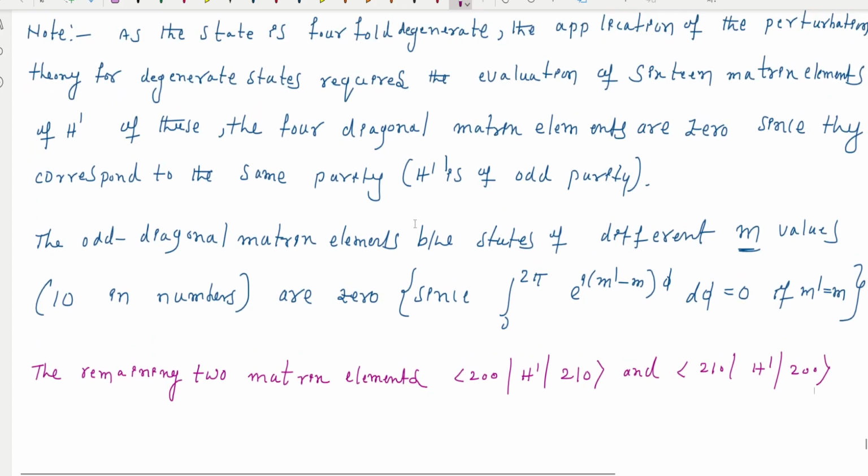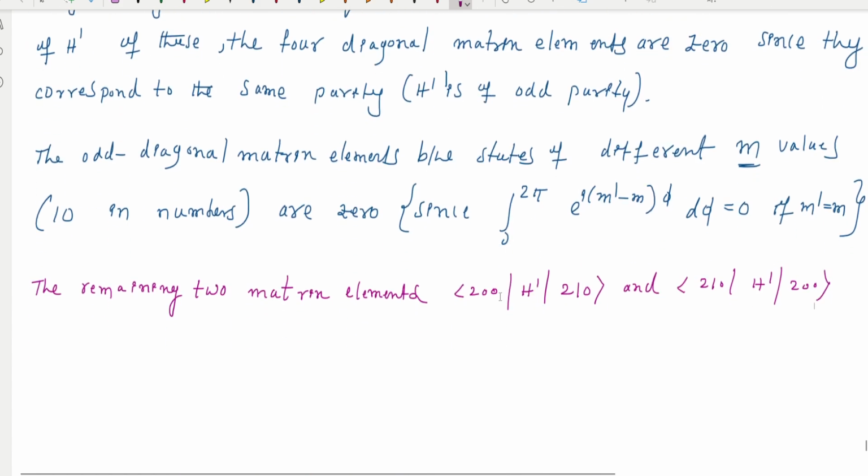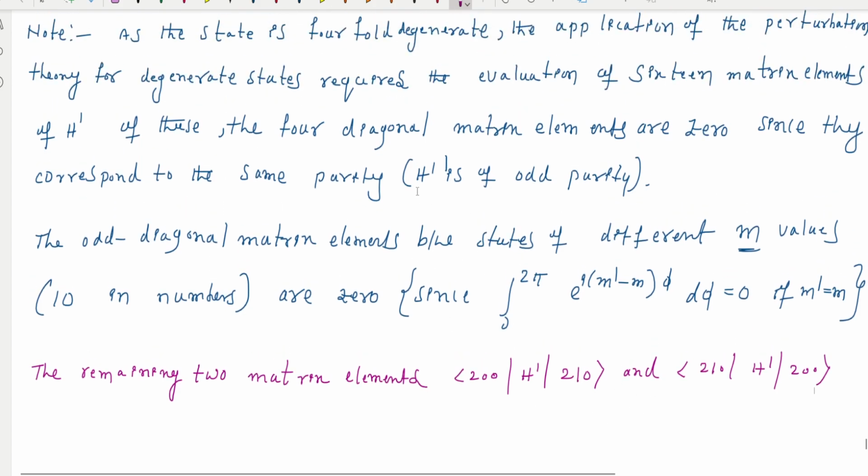The reason is that one is the same parity and the other has different values of m, so their combinations go to zero. In case you have any doubt, please try any one of the combinations using these two conditions, and you will get zero. I'm sure. Except for these two matrix elements, all the remaining combinations go to zero.